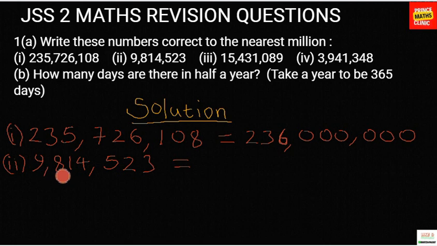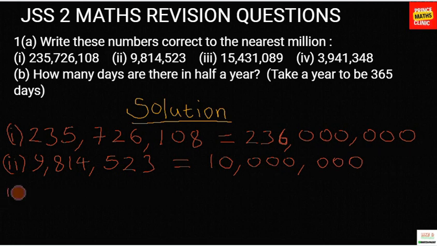The number after the million is 8. So we change it to 1, add it to 9. This becomes 10. So it means that this number approximated to the nearest million is actually 10 million. A million has 6 zeros, as you can see.